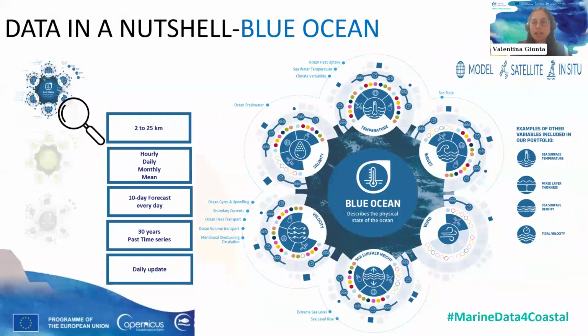You can find data coming from models, satellites, and in situ as well. The spatial resolution can range from 2 kilometers to 25 kilometers. Temporal resolution can be hourly, daily, and monthly means. We also provide 10-day forecasts every day. And we have data sets that have 30 years of data, and all the data is being updated daily.